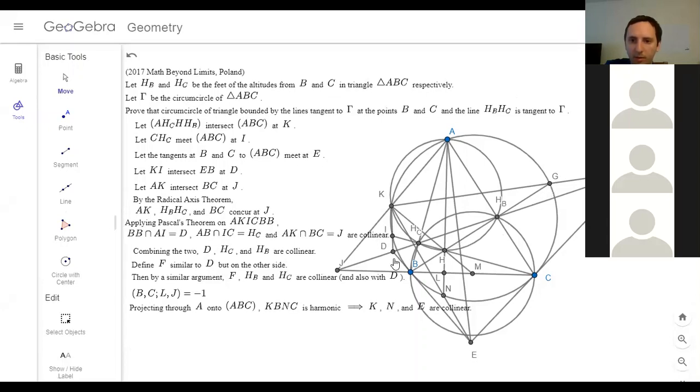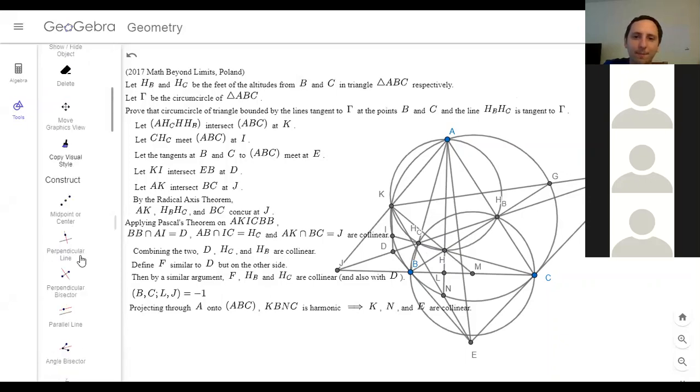IG is parallel to FD because HC is the middle of IH, and HB is the middle of HG.